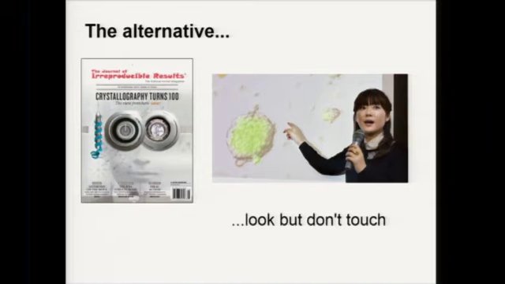With the images particularly, but I guess it applies to everything we're talking about, the alternative to this kind of openness and interactivity is the look-but-don't-touch approach, which has these very famous retractions associated with it. So in summary, reproducibility is very important, and currently it's not very common.